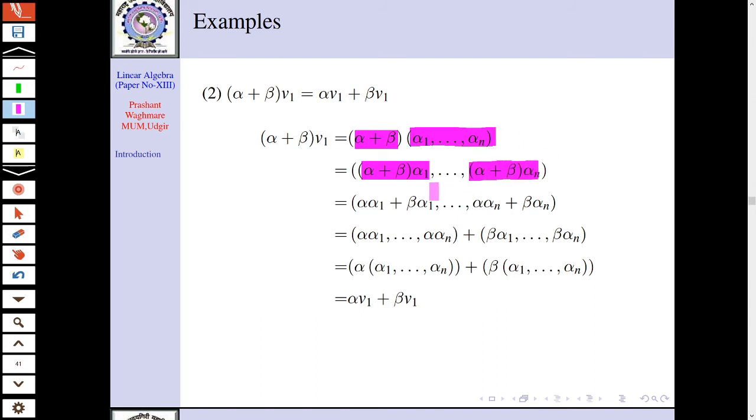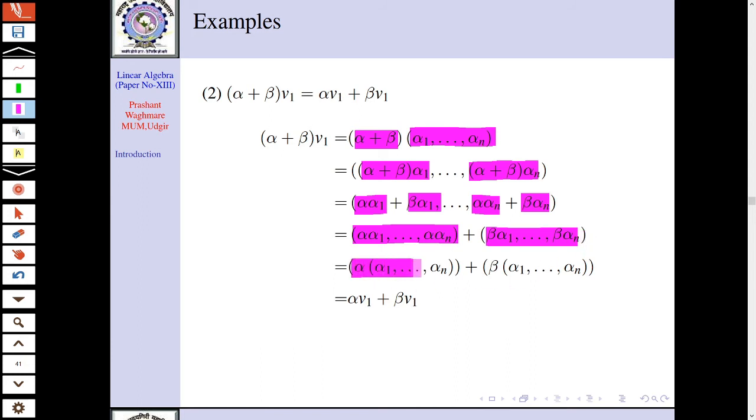Finally I can write it down. Now as alpha, beta, alpha 1 are elements of the field, I can again use the distributive law here. Then I will get alpha alpha 1 plus beta alpha 1, and so on, alpha alpha n plus beta alpha n. In the same way I can separate it out and I will get (alpha alpha 1, and so on, alpha alpha n) plus (beta alpha 1, and so on, beta alpha n).